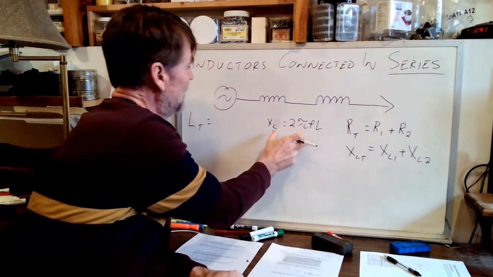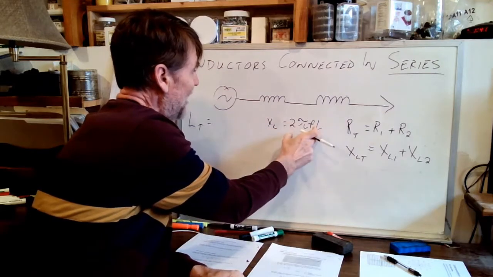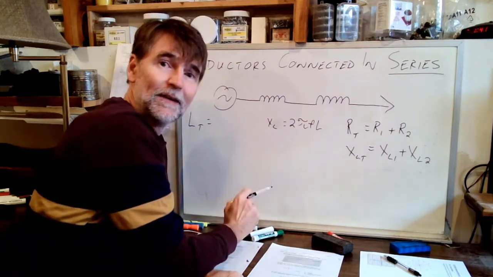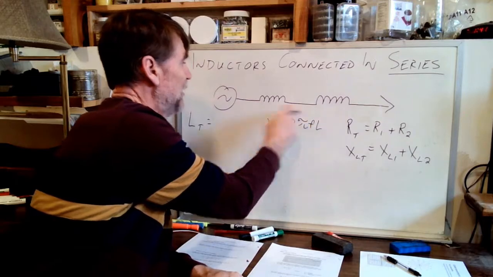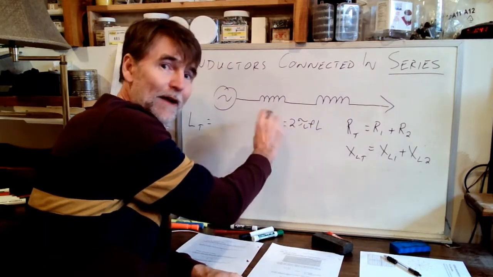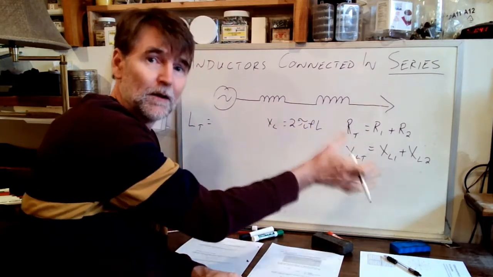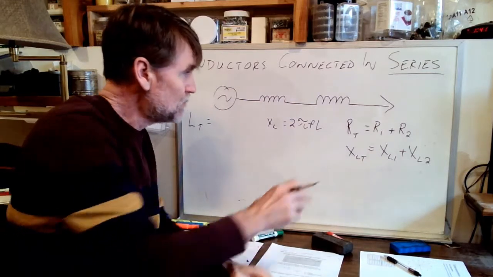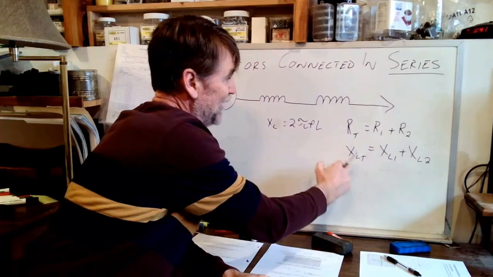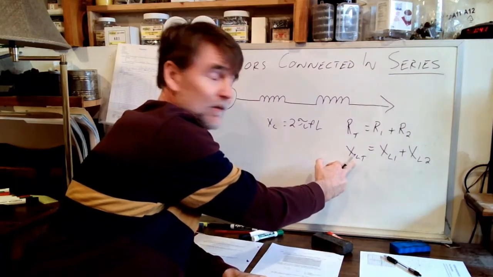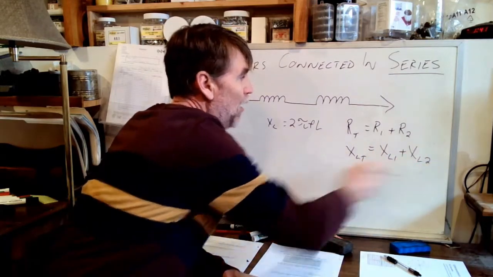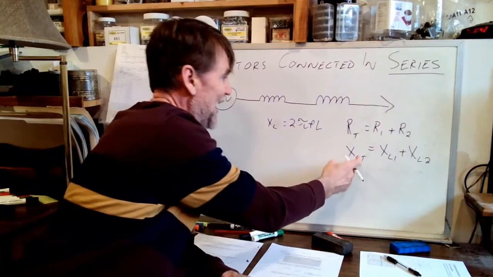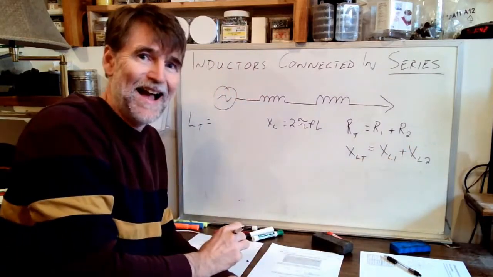And L and XL are directly related to each other. As L gets bigger, XL gets bigger. Or as XL gets bigger, L gets bigger. They are directly related. They behave in the same fashion. So if the reactance gets bigger just by adding up all of the reactances, the total reactance is simply the addition of all of the reactances.